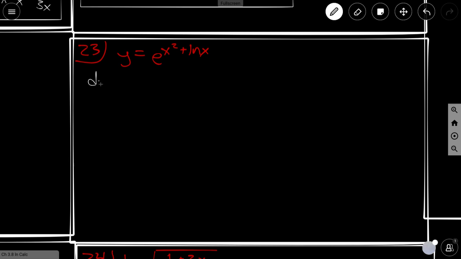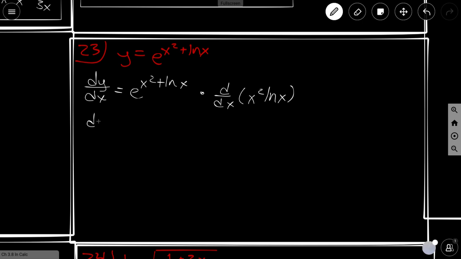Same thing with this problem. Minus x squared plus.